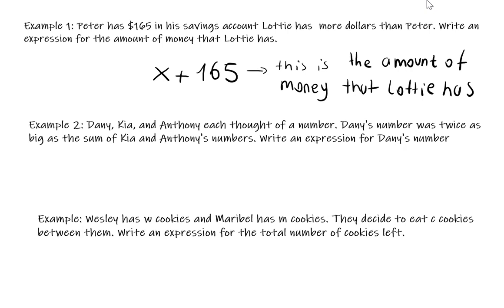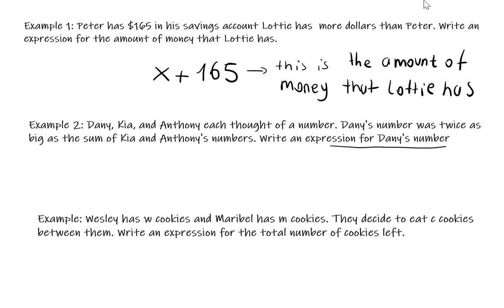Please do the second one. Danny, Kia, and Anthony each thought of a number. Danny's number was twice as big as the sum of Kia and Anthony's numbers. Write an expression for Danny's number.